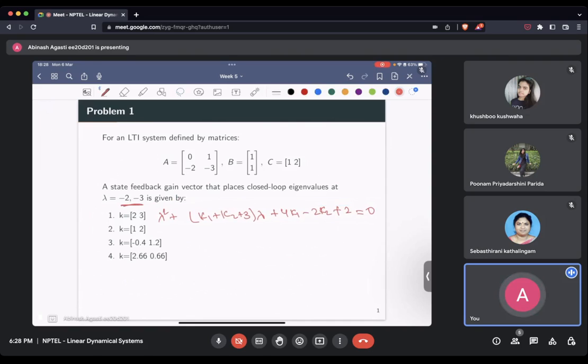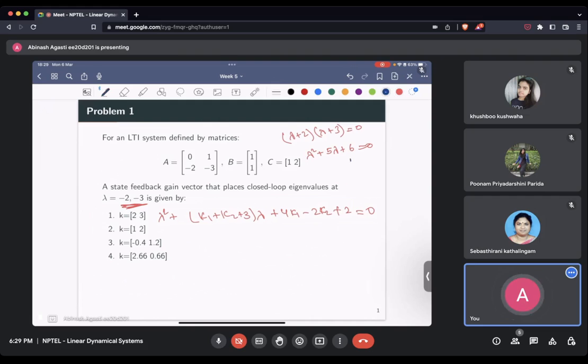If these were my actual closed loop eigenvalues, then what would be my characteristic equation in terms of lambda? If I want a polynomial with these two as the roots, then I can simply take lambda square plus 5 lambda plus 6 equal to 0.